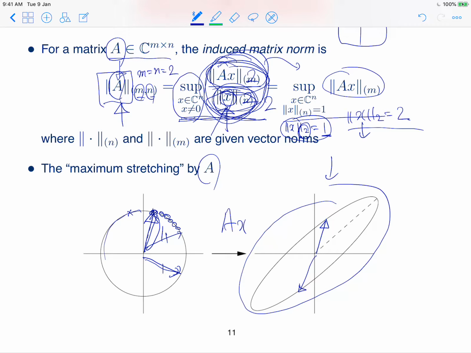From here we can see that the vector length is maximized at this axis, or in this vector, right? So the maximum possible ratio between the input and output vector, before and after transforming the vector through our matrix A, is called the matrix norm.